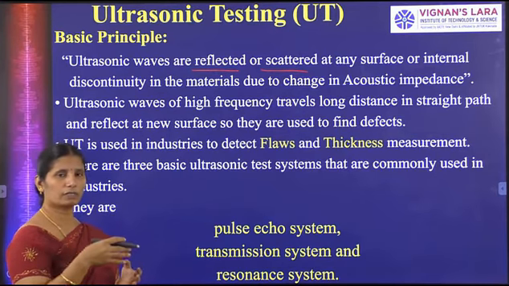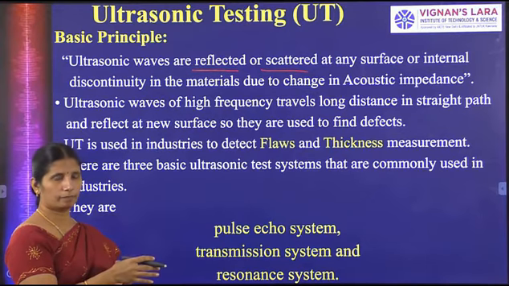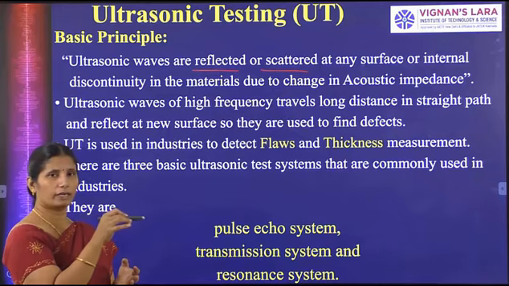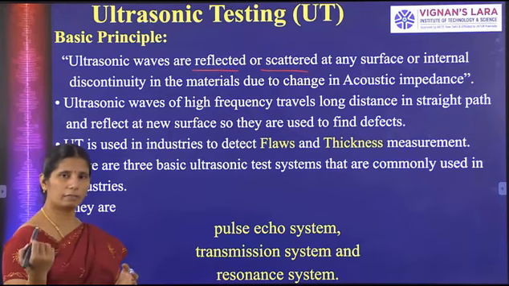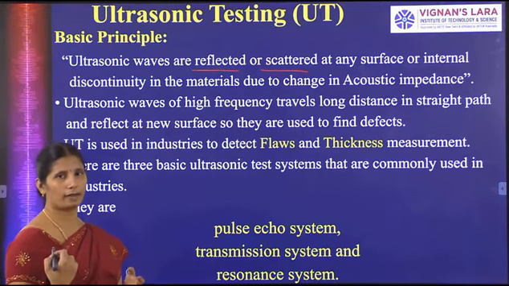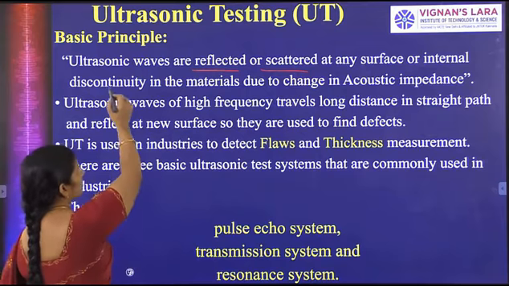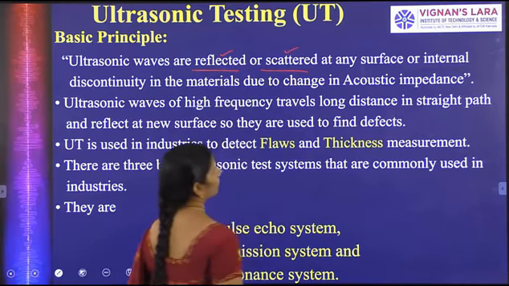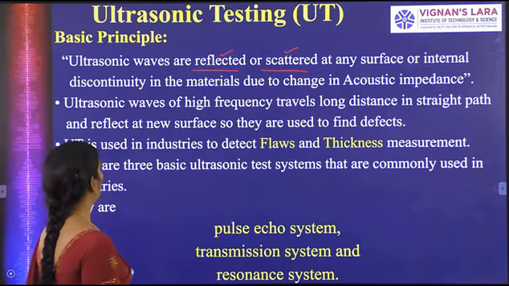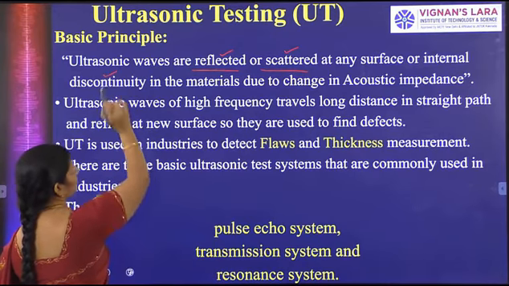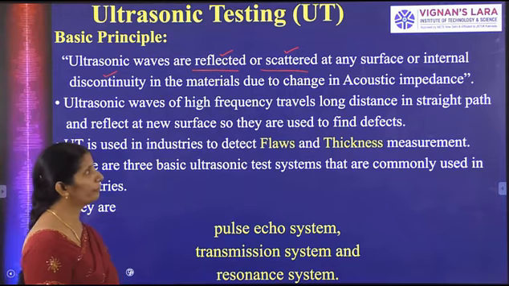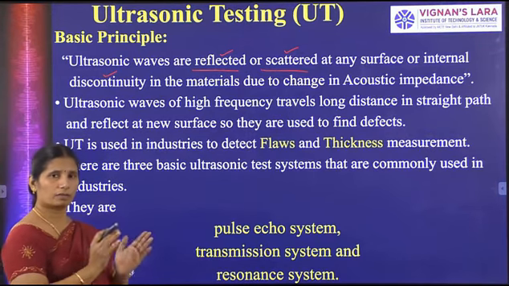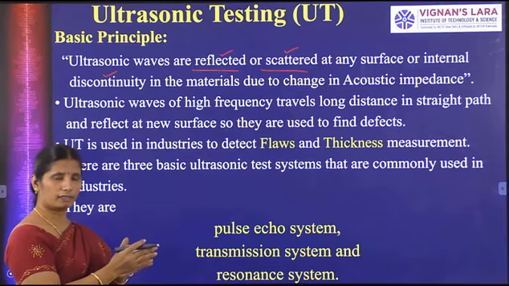If there is any flaw in that material, the ultrasonic waves will be reflected back or scattered from that point. So ultrasonic waves are reflected or scattered at any surface or internal discontinuity in the material due to the change in acoustic impedance.